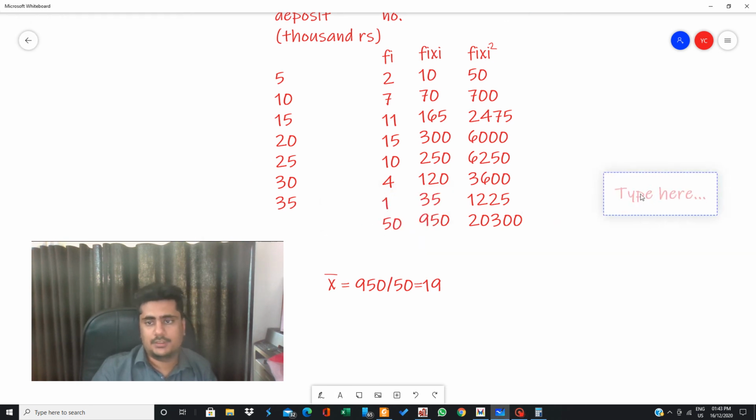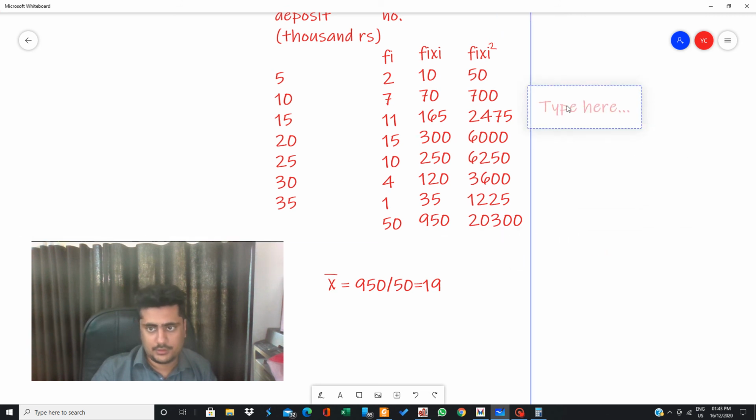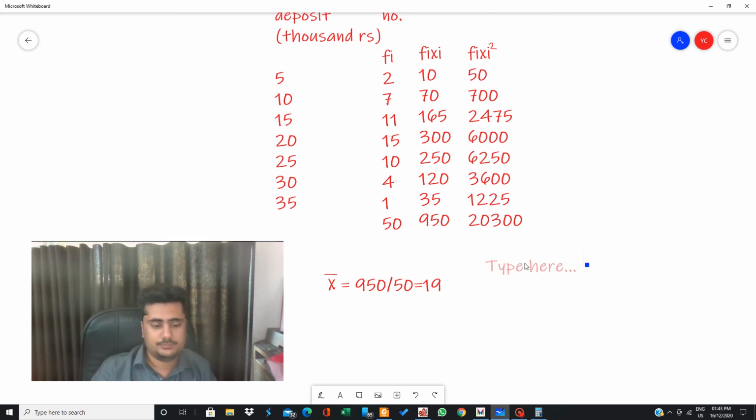So let us use the formula. Standard deviation is equal to the root of sigma fi xi square upon n minus x bar whole square.